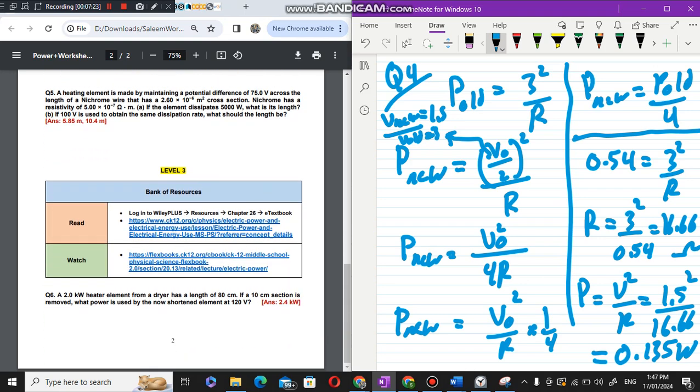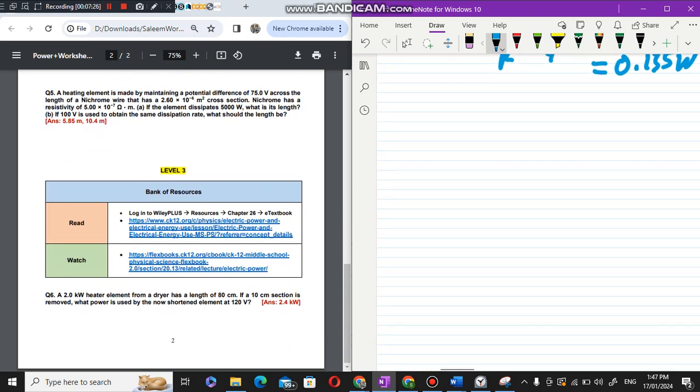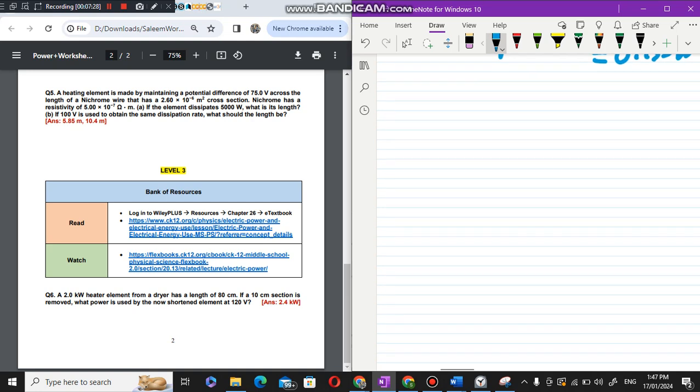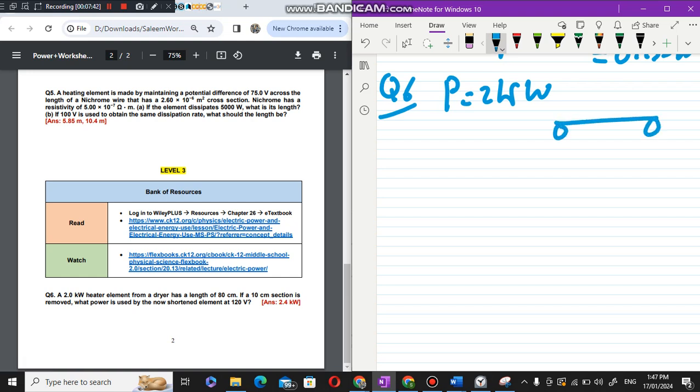Okay, I'll do the last question also. So question 6, we're saying the following. The power is given as 2 kilowatts, and then they told you that the dryer has a length of 80 centimeters, and 10 centimeters got removed.